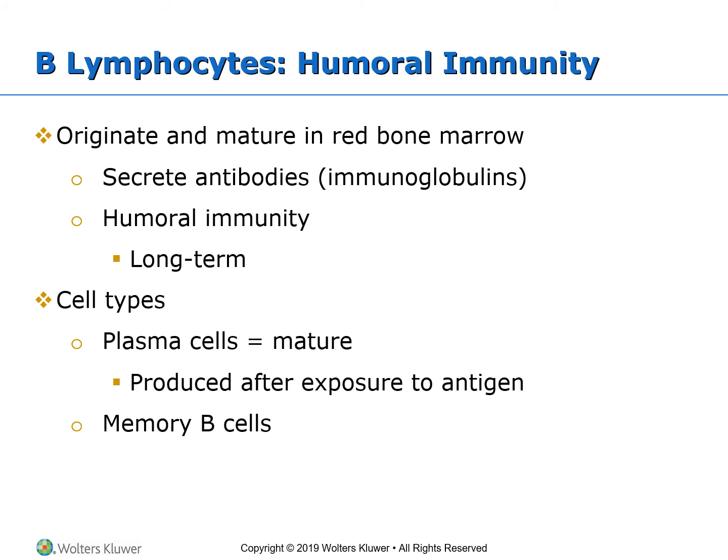Once the exposure to the antigen happens, that will stimulate the cell to rapidly multiply and produce large numbers, or clones, of plasma cells. Those mature cells will produce the antibodies that will target specifically the original antigen. Those will be released into the bloodstream and will provide the form of immunity that we describe as humoral immunity.